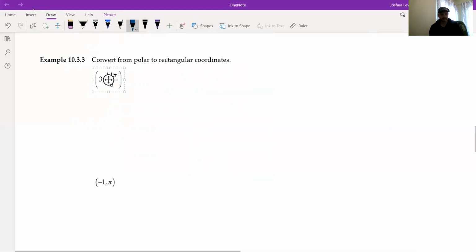Let's do this right here. Okay, so 3, 11 pi sixths. Well, 11 pi sixths is going to be just shy of 2 pi, right? And so we've got this distance, which is 3.